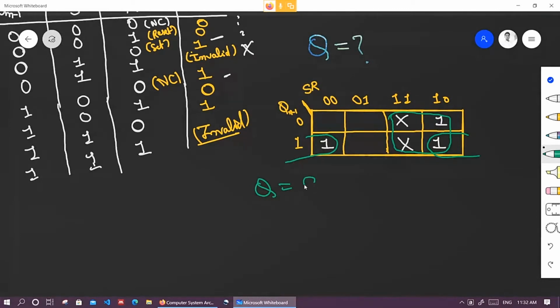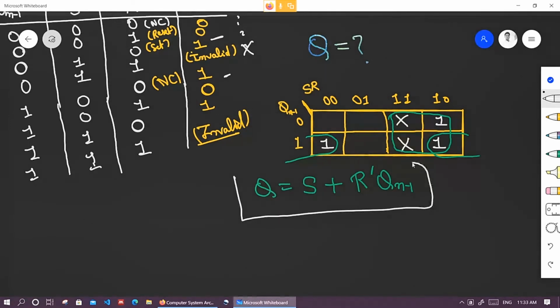That means S plus Qn minus 1 R complement, that is Qn plus 1 = S + R'Qn. This is the expression for the output state of the RS flip-flop. Fine.